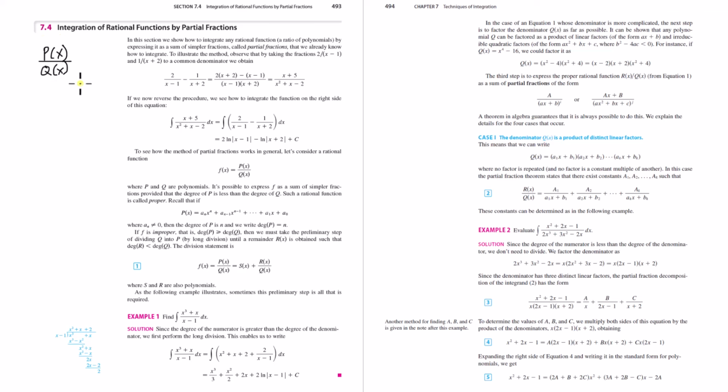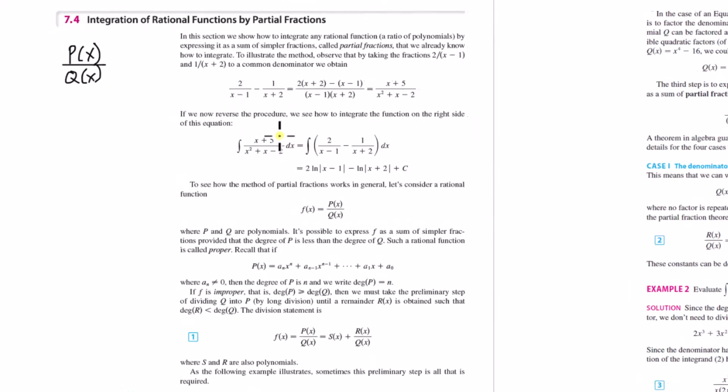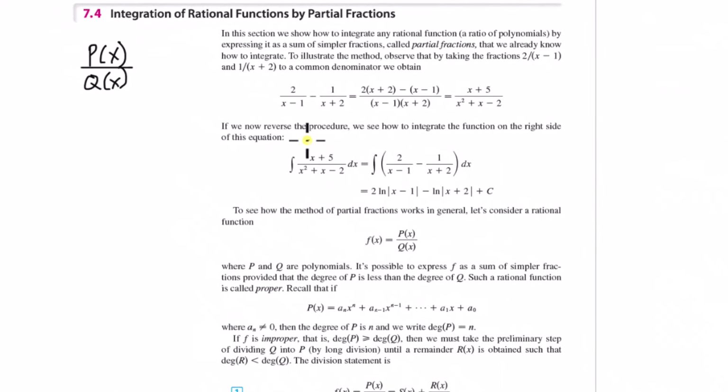And so to perform the integration, we'll start with an integral like this. Here's a rational function. We want to integrate this rational function. What we're going to do is break down the rational function into a sum or difference of simpler rational functions.